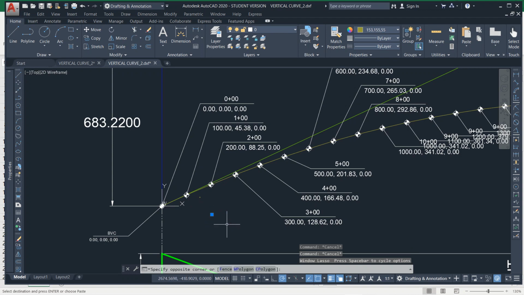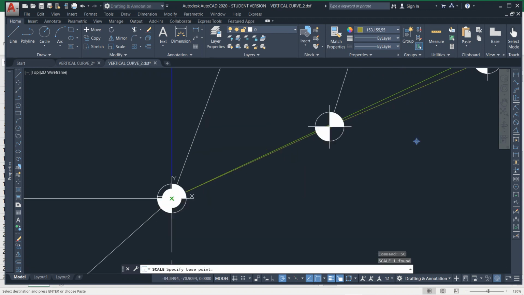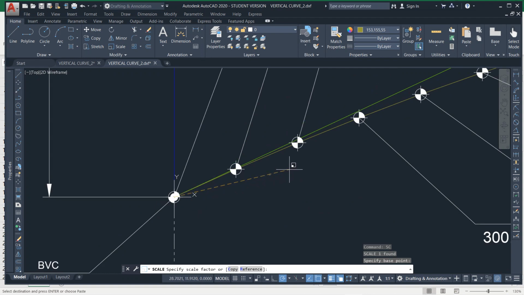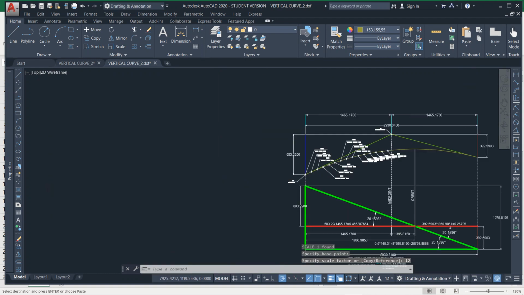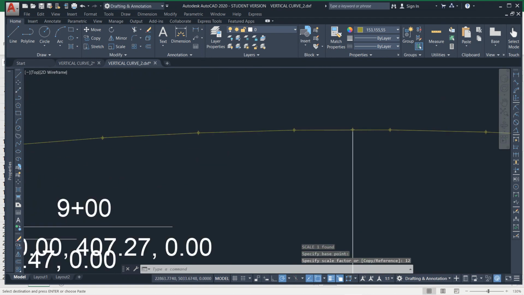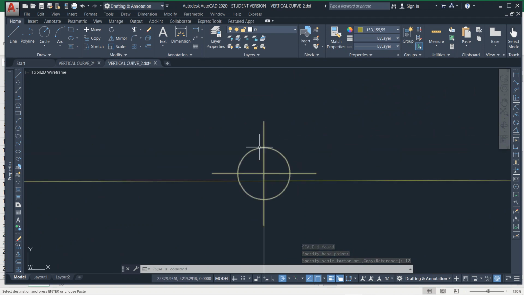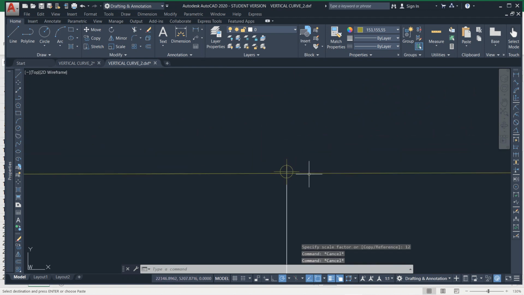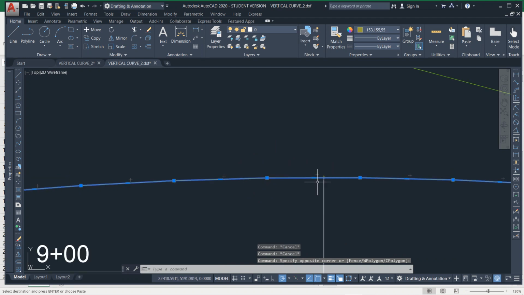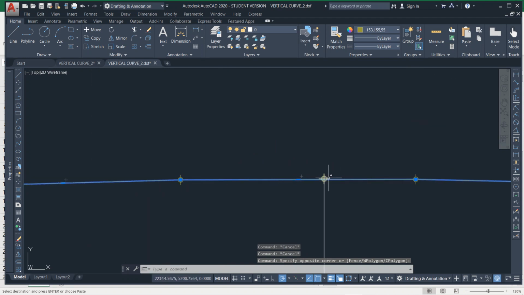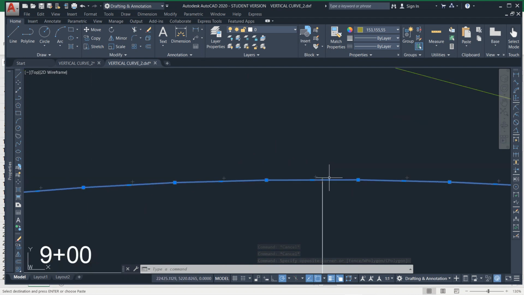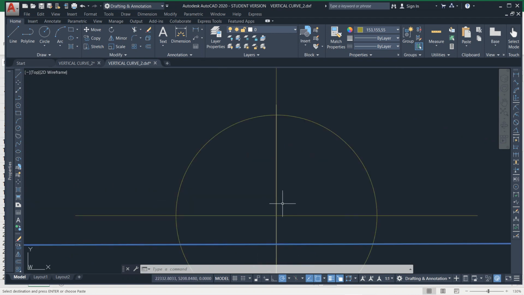Take this, scale it, SC, enter, hit the origin here, and go 12, enter. We should have a point right there at the PVI, or at the crest, right? There's a little variation because that's a straight line. When I did the PO, I just did straight lines. And then there you go, you have an exact location of that.